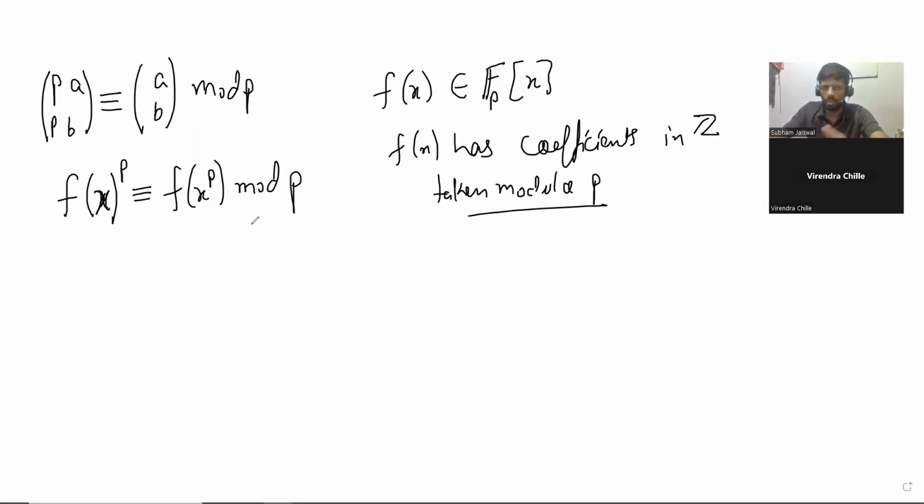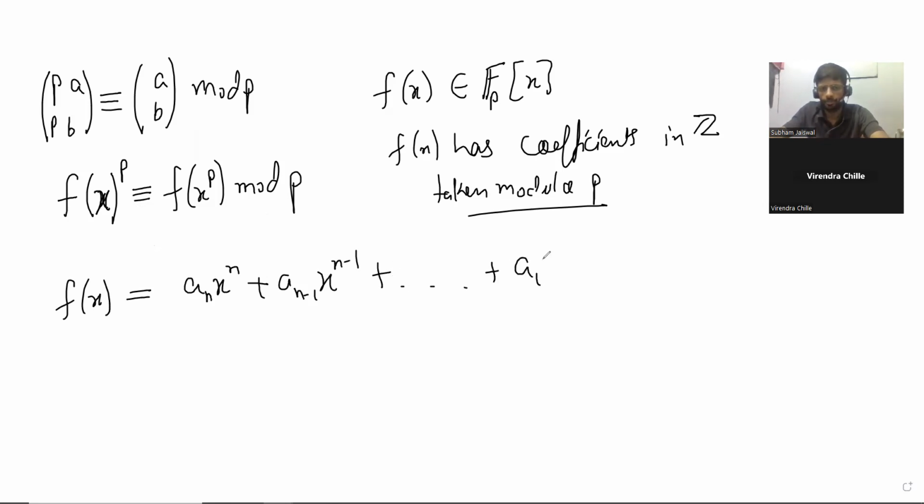Why is this true? You may know this, but let me just do it right now. This will be a combination of the theorems that you have done. So that's why this is in the spirit of what we did.